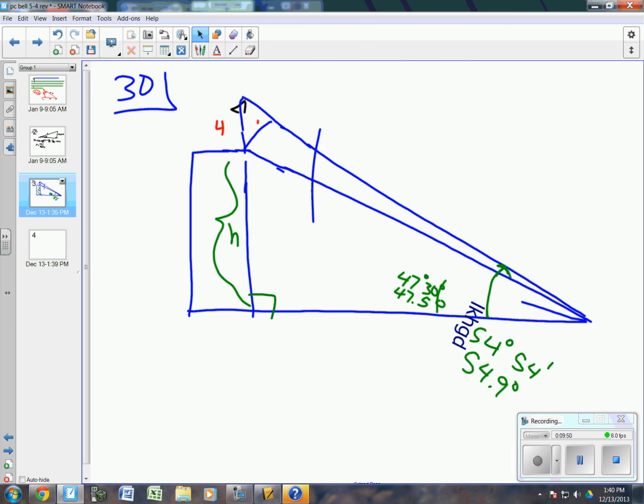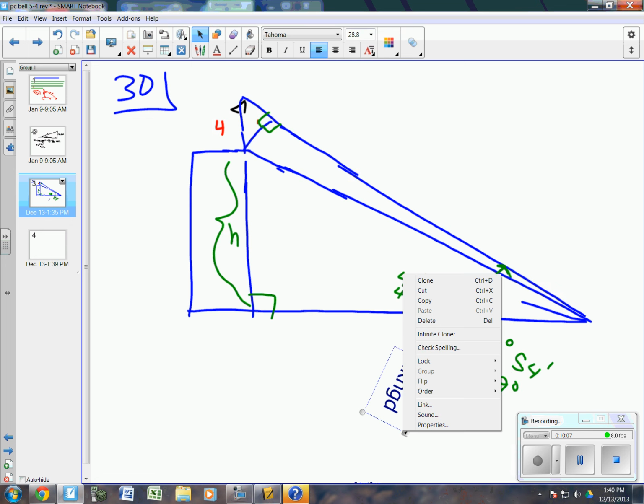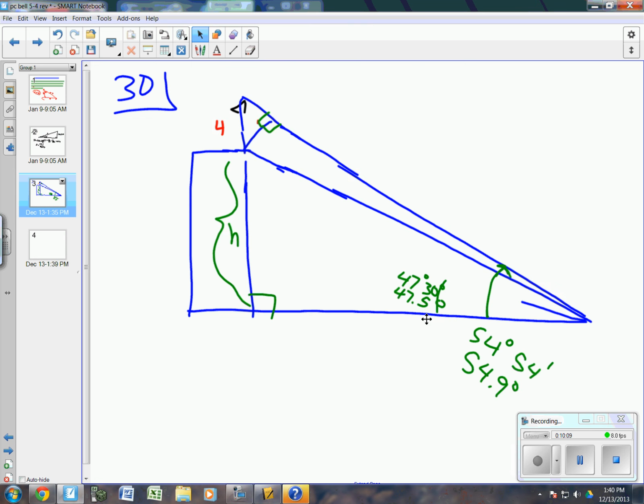Good job. Okay, so right here, you guys, it's going to give us two right triangles, right? Now what we're going to have to do, in this triangle right here, I'm going to have to get an angle measurement other than the right angle.